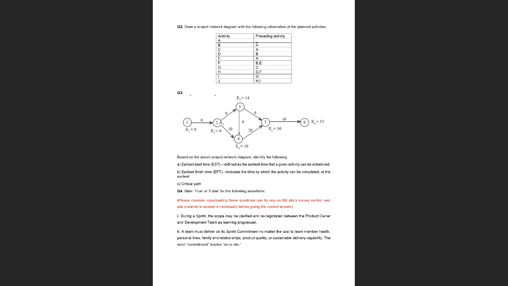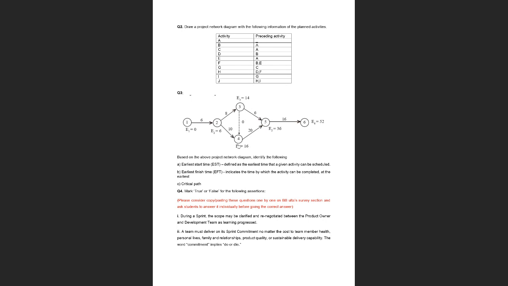Yes, 6. All right, now for activity 2, 3, what is the earliest time that this activity can finish? Yes, 14, that's right. Now for activity 2, 4, what is the earliest time that this can finish? Yes, 16.